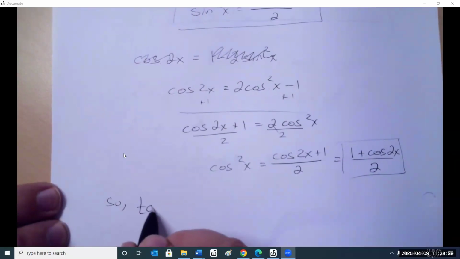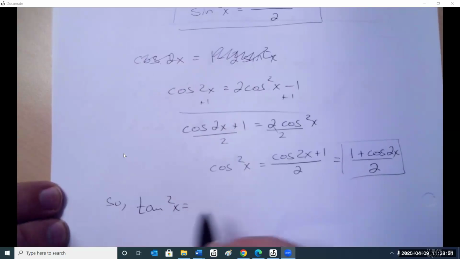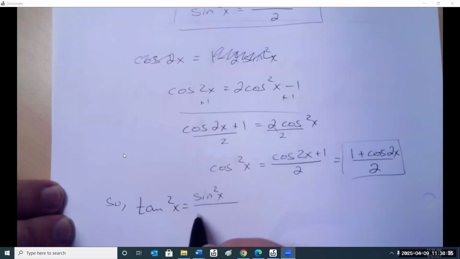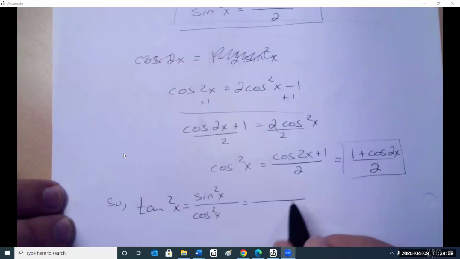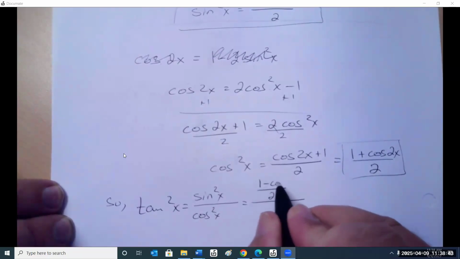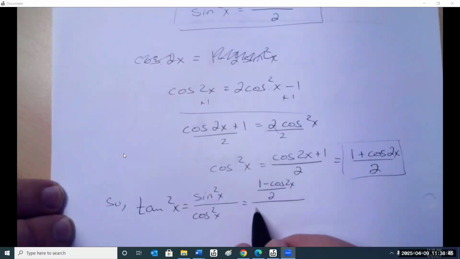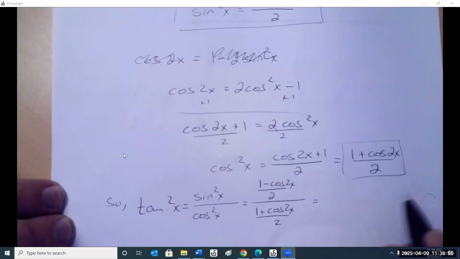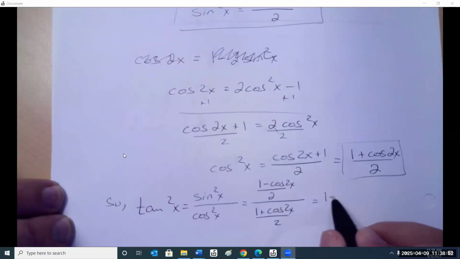So the tangent squared x is equal to sine squared x over cosine squared x, which is 1 minus cosine 2x over 2, over 1 plus cosine 2x over 2. Take the top fraction, leave it alone.